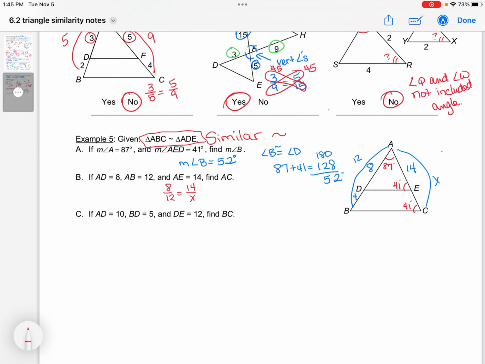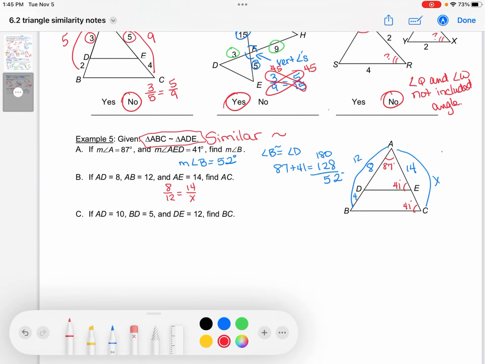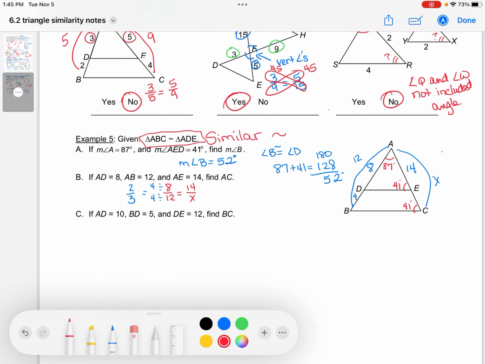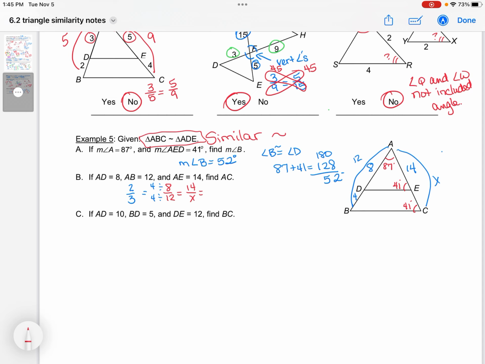Okay, I'm tired of multiplying big numbers and I don't have my calculator. So basically what I'm going to do is I'm going to divide by 4, and I get 2 over 3. So really what my fraction is 14 over x is equal to 2 over 3.